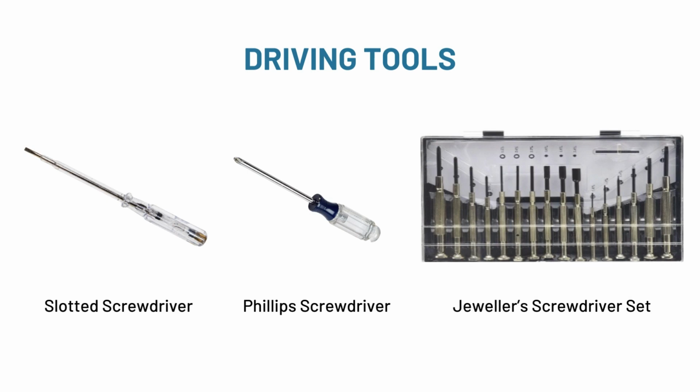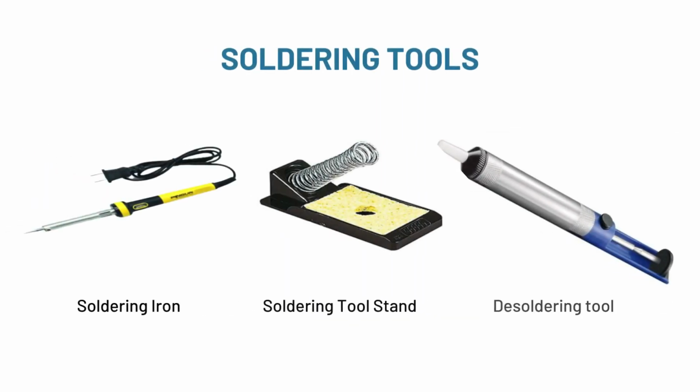First one is driving tools such as slotted screwdriver, Phillips screwdriver, and jeweler's screwdriver set. Next is the soldering tools such as soldering iron, soldering tool stand, and desoldering tool.